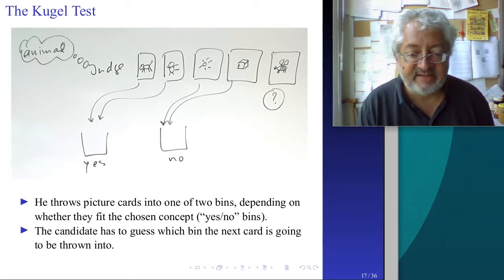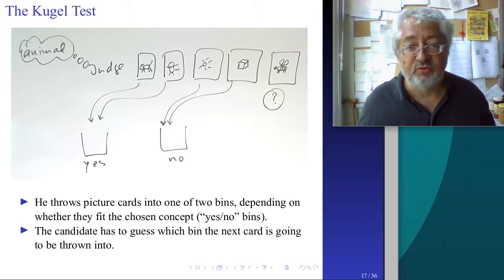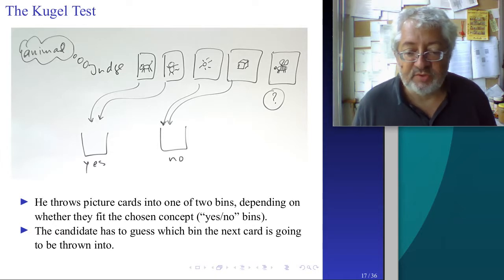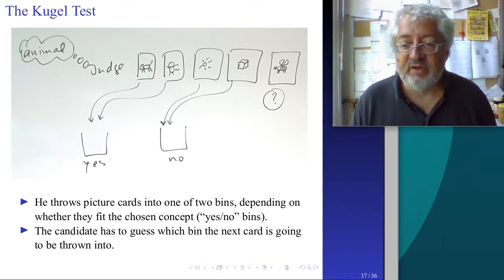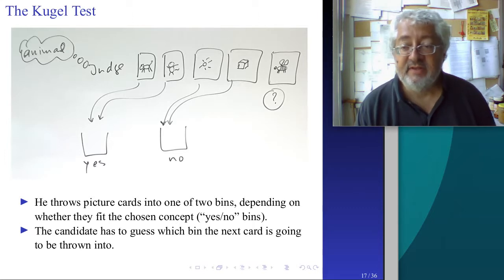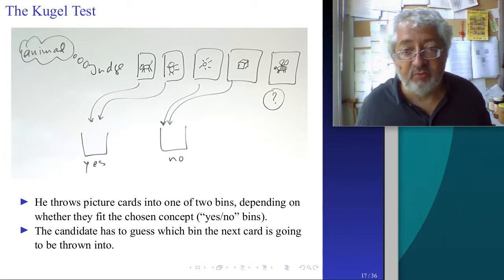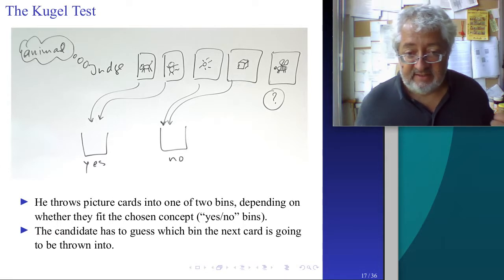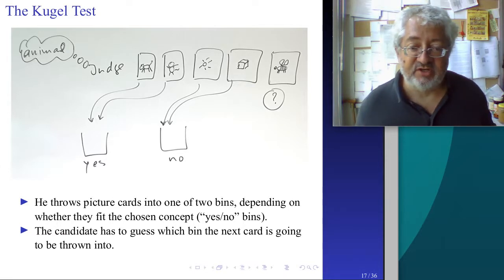And the candidate now, who is the computer program or human being, of which we want to estimate the intelligence, has to guess which bin the next card is going to be thrown into. So now comes the picture of the bee. Will this go into the yes or into the no bin? And we as humans can easily do this right now, right? We can say, of course, this is an animal, it will go into the yes bin, even without knowing what the judge has thought of.